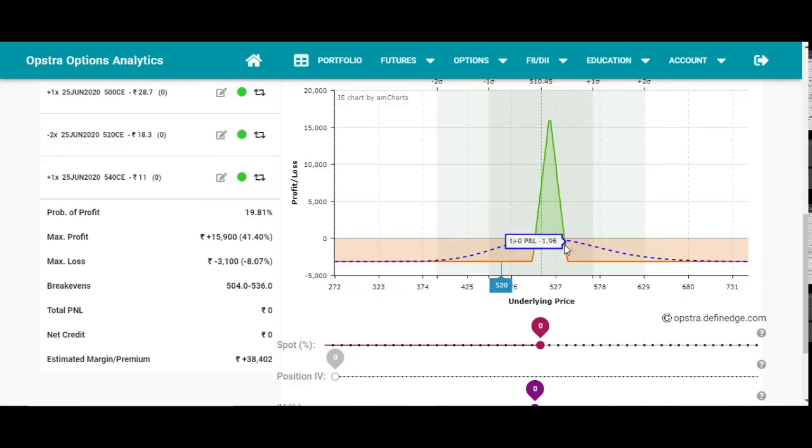And if the trend of this M&M turns bearish and it starts a reversal from this level, even then we can come out of the trade with a maximum loss of 3100. This is one of the hedging strategies, and this is a long call butterfly strategy.